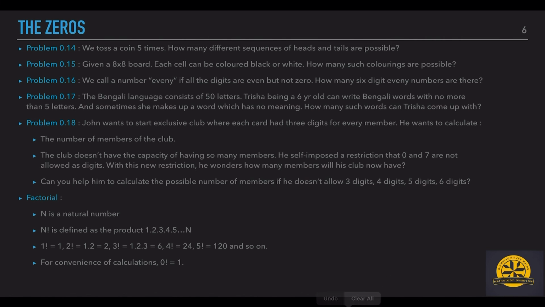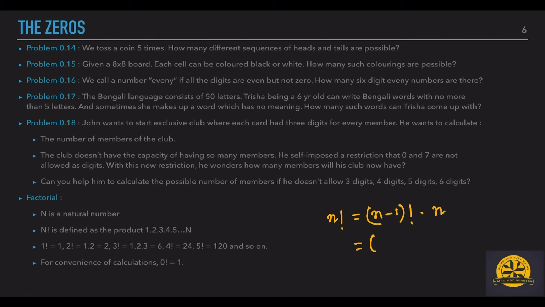Also, if you have noticed, 5 factorial is 1 times 2 times 3 times 4 times 5. This itself is 4 factorial times 5. We can also write the 4 factorial as 3 factorial times 4 times 5. So in general, we can write n factorial as (n minus 1) factorial times n.